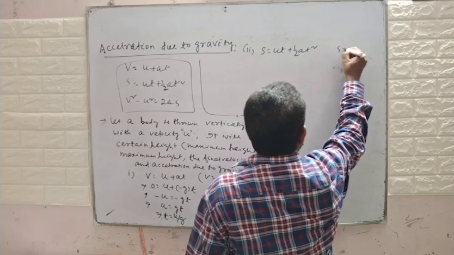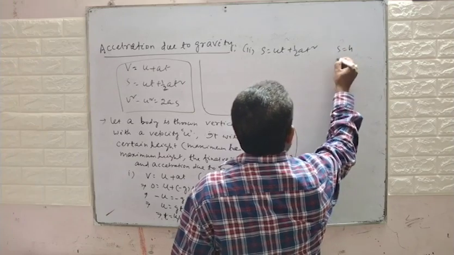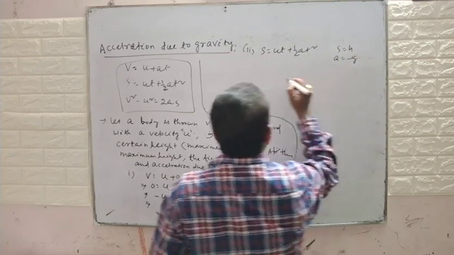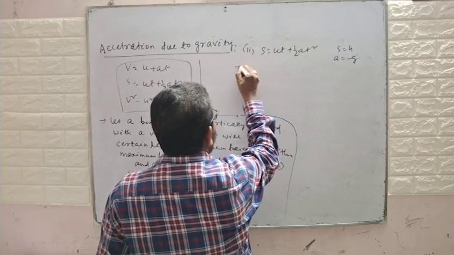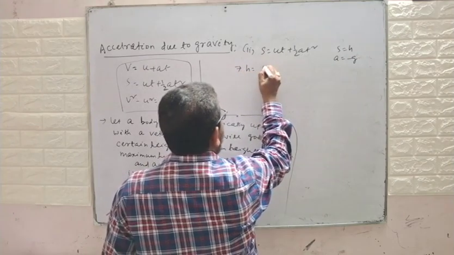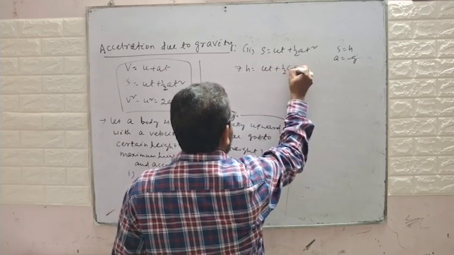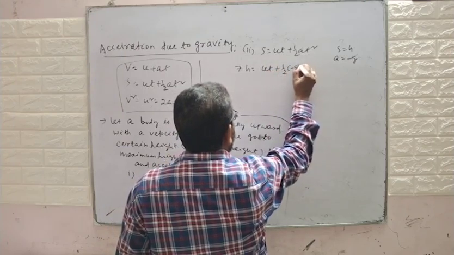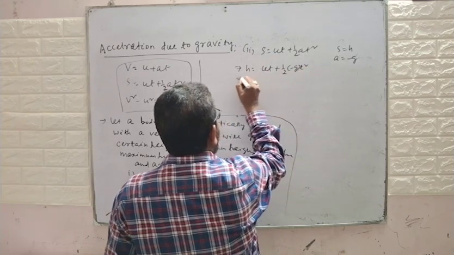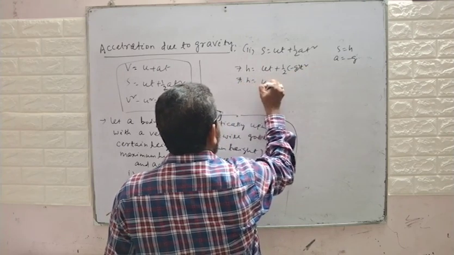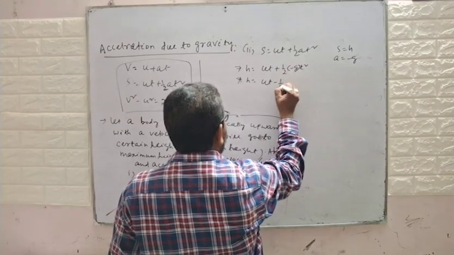Here s equal to h, a equal to minus g. If we put s equal to h, u into t plus half into minus gt square, or h is equal to ut minus half gt square.